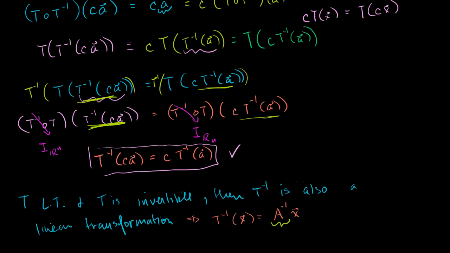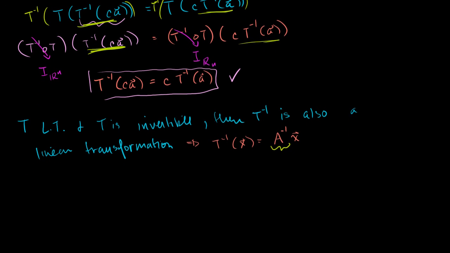And we could take it even a step further. We know by the definition of invertibility that the composition of T inverse with T is equal to the identity transformation on Rn. Well, what is the composition? We know that T of x is equal to Ax.